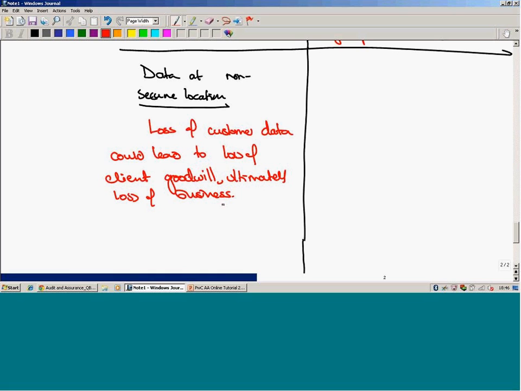So they lost the customer's data, and that's my own. The issue could be losing records and data. It may prevent us from even being able to run the business.